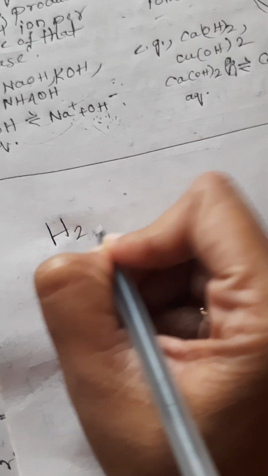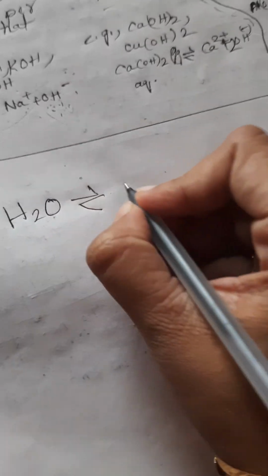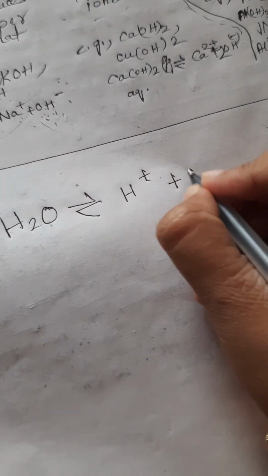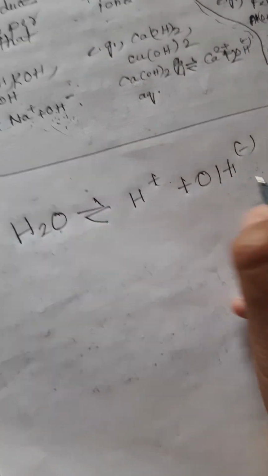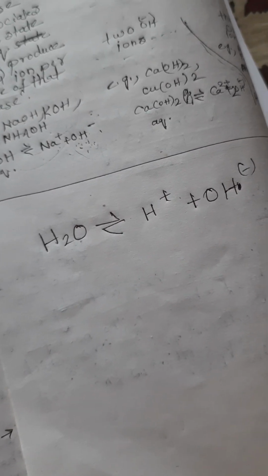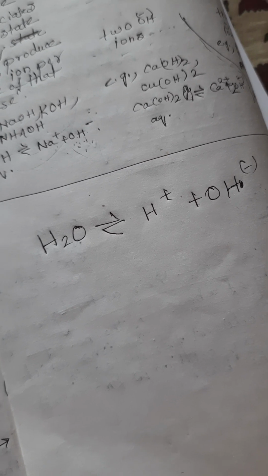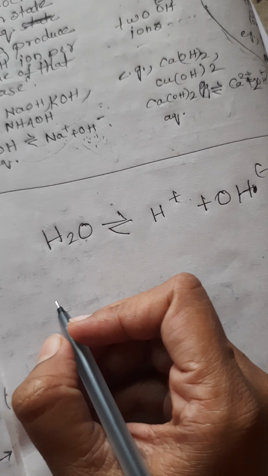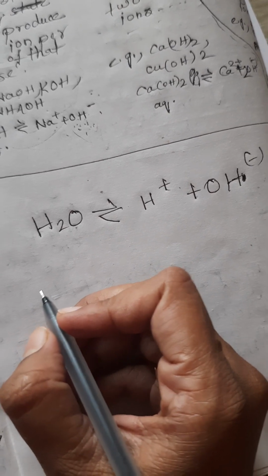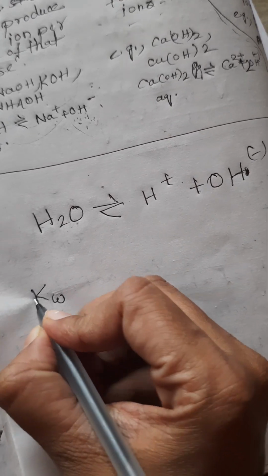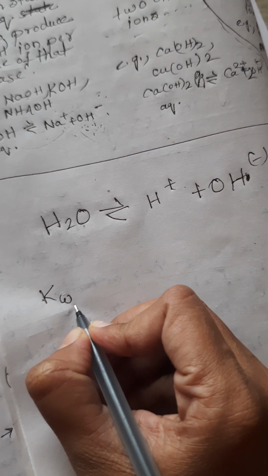See, the ionic product of water. When water decomposes, it produces hydrogen ion and hydroxyl ion, H plus and OH minus ion. Now the ionic product of water, we can denote it as Kw.